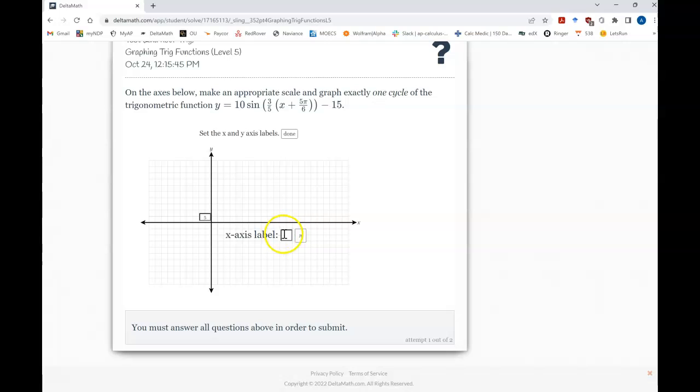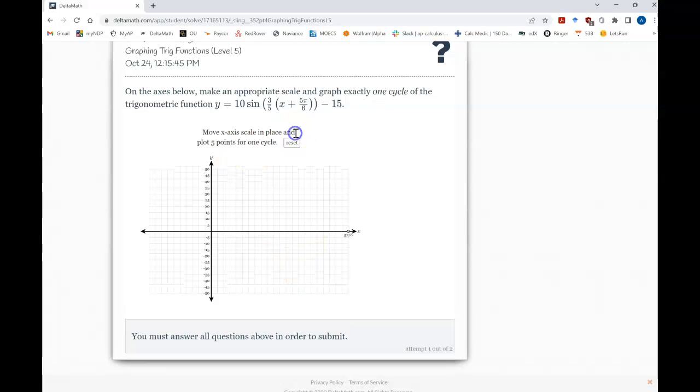So 5 pi over 6. Okay. Set that. Now I'm going to scroll and make one tick mark that 5 pi over 6. And now I'm going to start plotting.